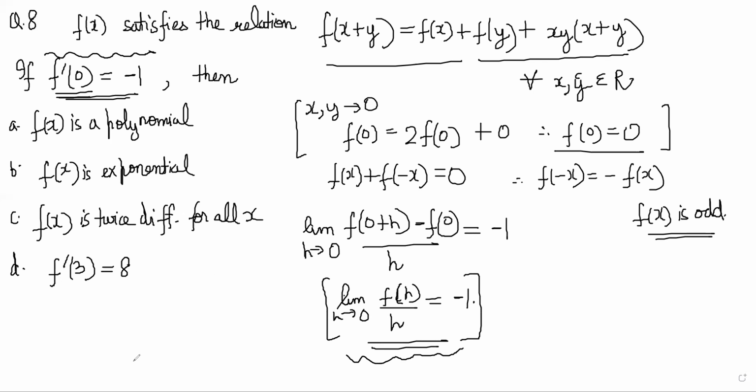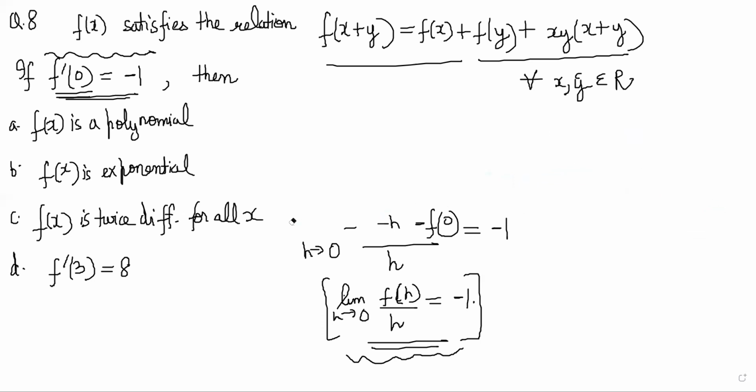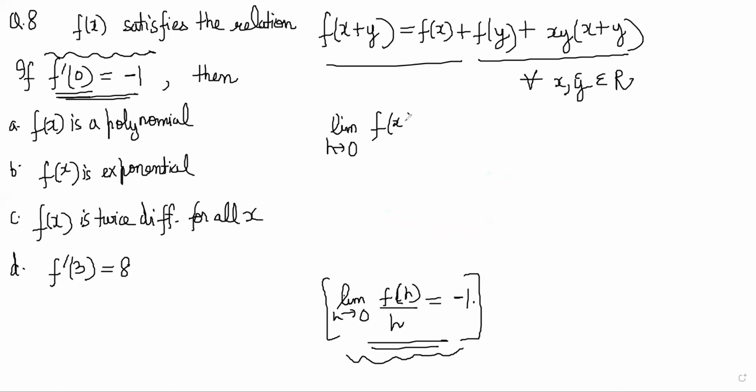So one standard technique is to try to get f dash x by the definition of f dash x. The definition of f dash x involves this limit: f of x plus h minus f of x by h, right? Now, can we use the relation here?